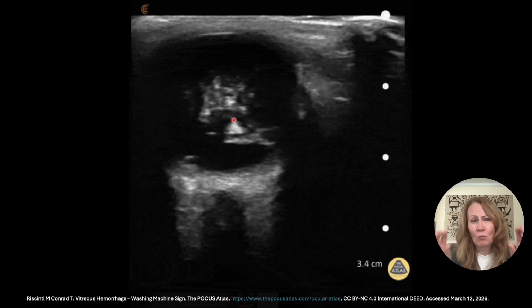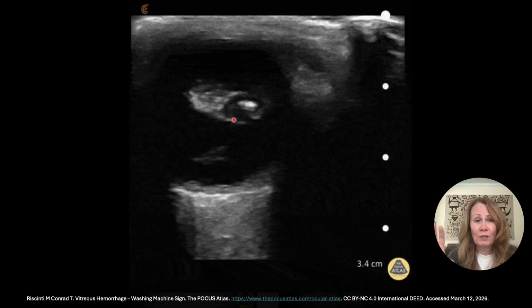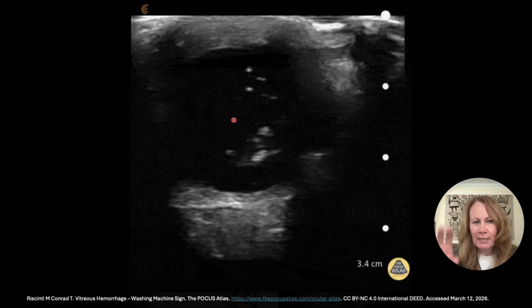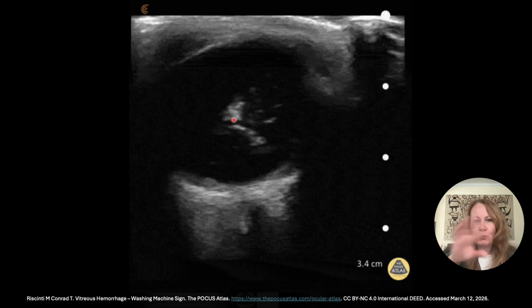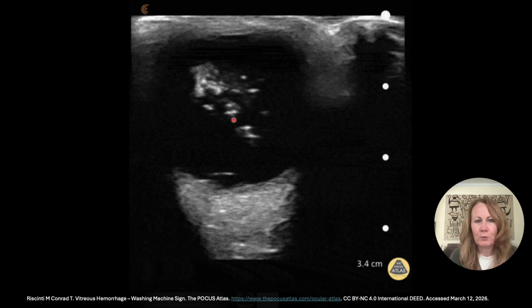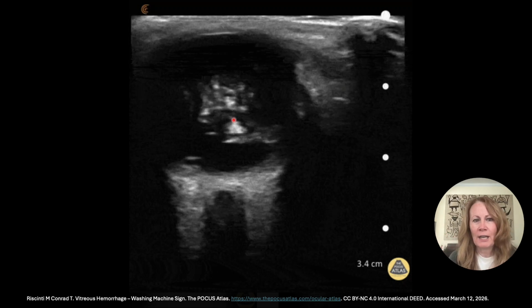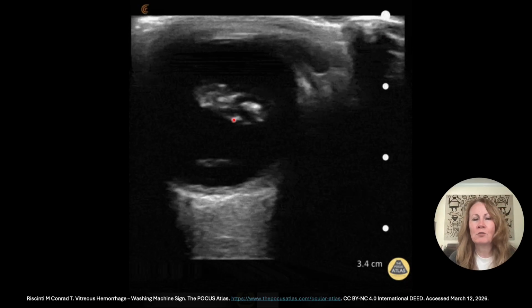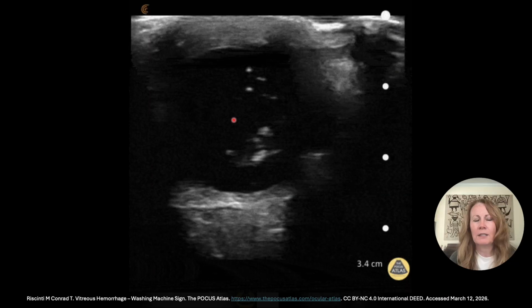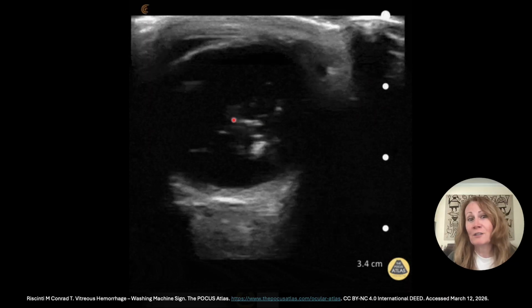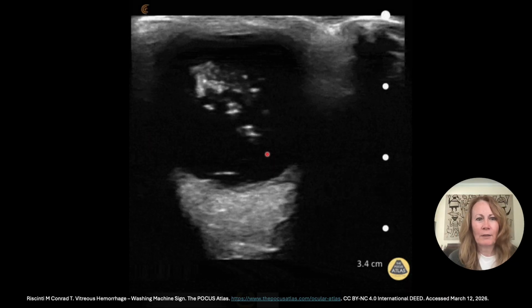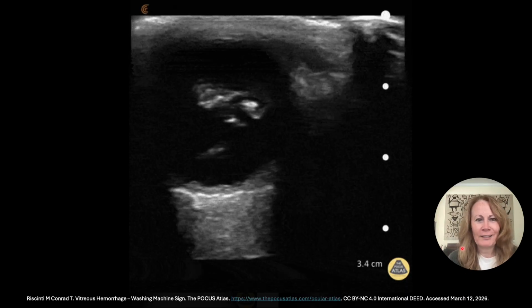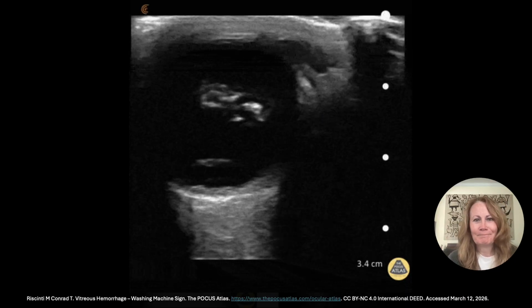It seemed to be adhering to the wall more. It was definitely more in the periphery, and it moved with the wall, like it was attached to the wall. It didn't freely move within the fluid of the posterior eye. So just comparing, we can see that a vitreous hemorrhage looks quite different than an infection inside the eye.